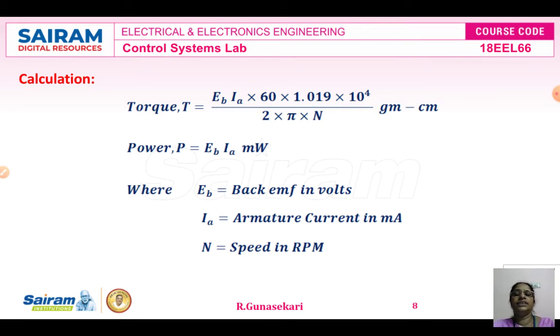The power is given by P equal to EB into IA milliwatts, where EB is the back EMF in volts, IA is the armature current in milliamps, and N is the speed in RPM.